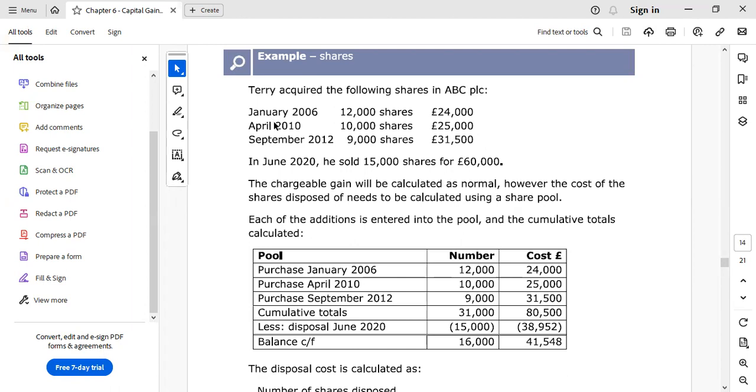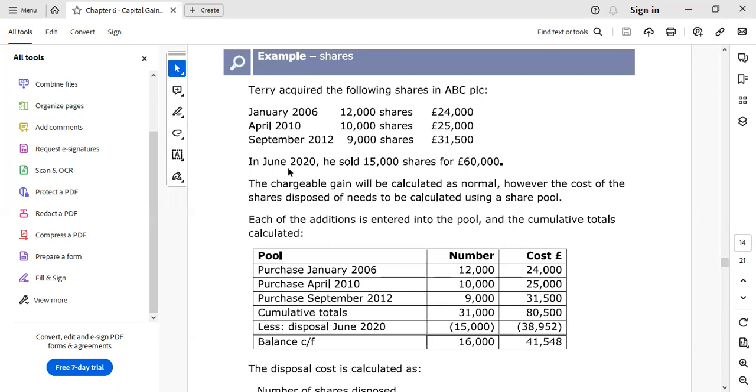Then April 2010, again 10,000 shares were purchased and the value was 25,000 pound. We will write it here. And September 2012, 9,000 shares were purchased and the value is 31,500. If we add all these, the total is 31,000 shares and the cost is 80,500.